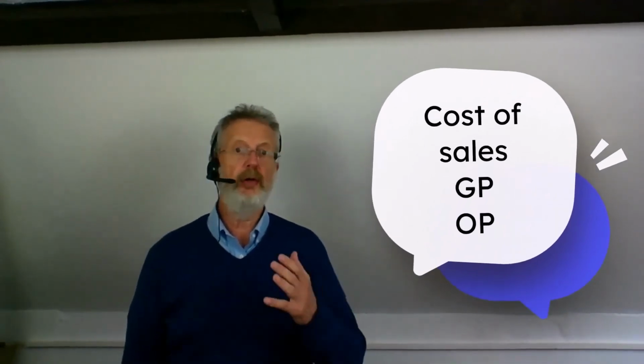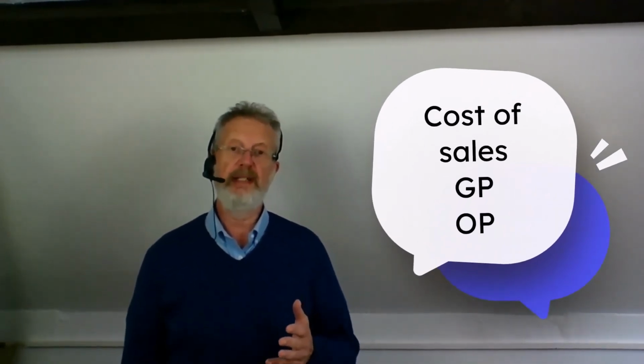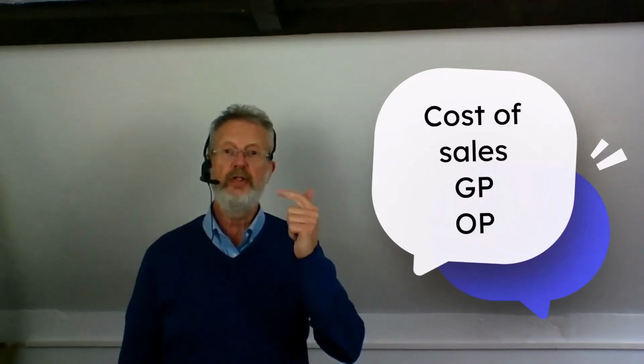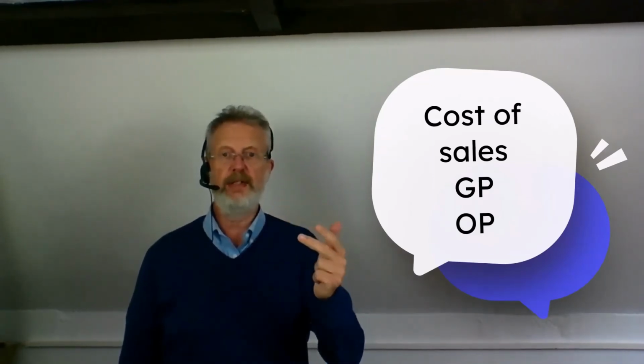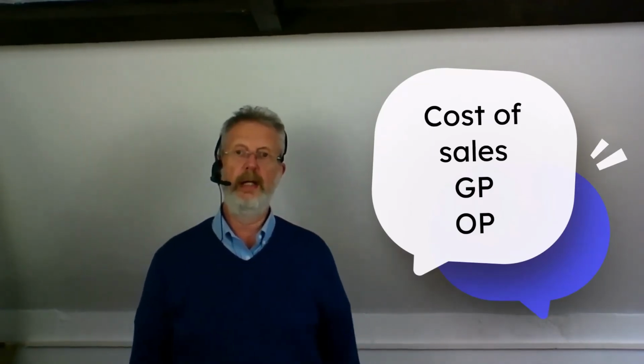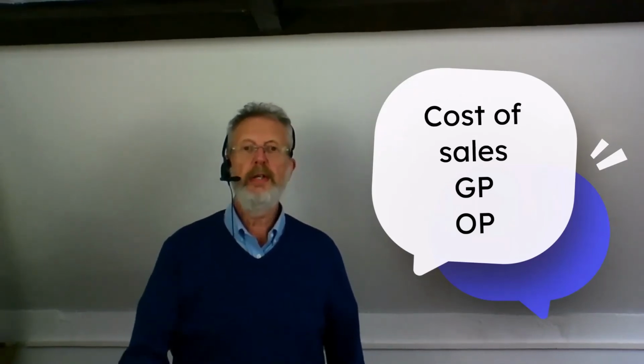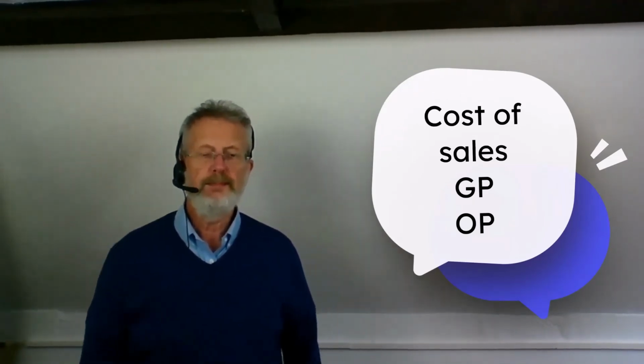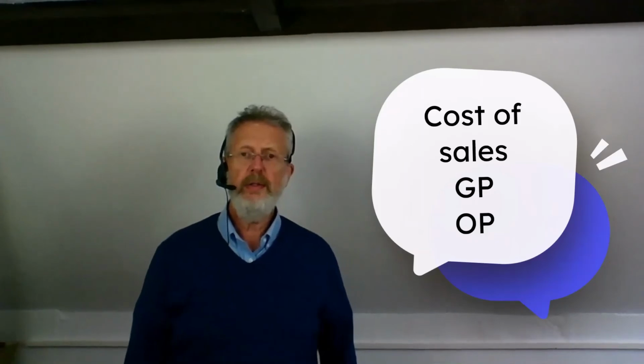The next question about requirement 1 is what do you have to include when you're asked to review OP? And the answer is all 3 areas that make it up. So cost of sales, GP, and then the administrative expenses and OP itself. So you've only got 3 paragraphs to deal with this.